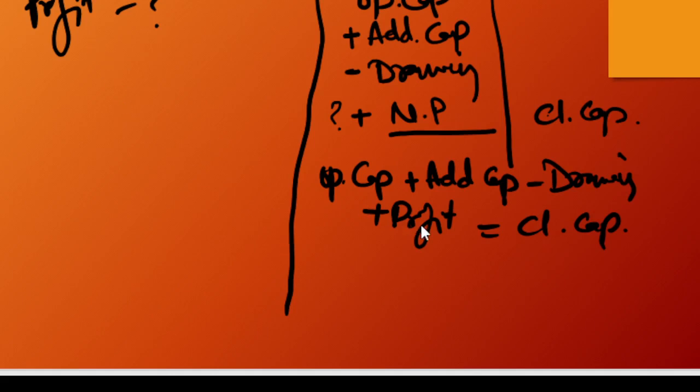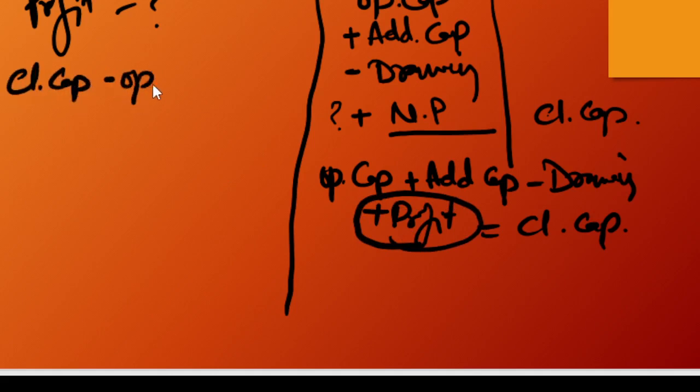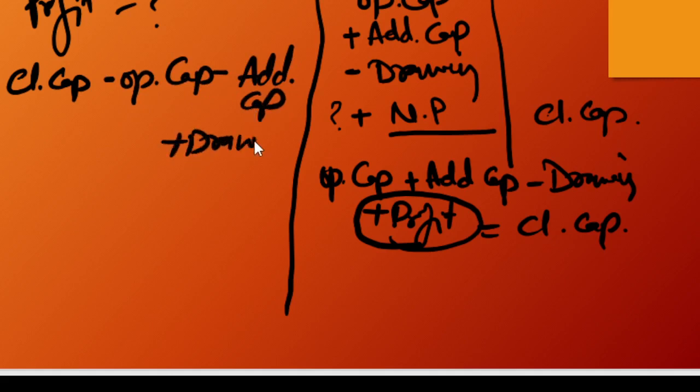So if you need to find out this profit, then closing capital minus opening capital minus additional capital plus drawing is your profit.